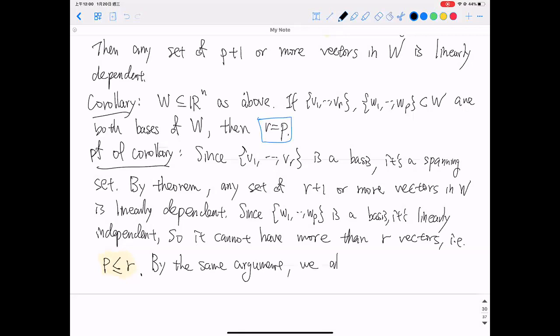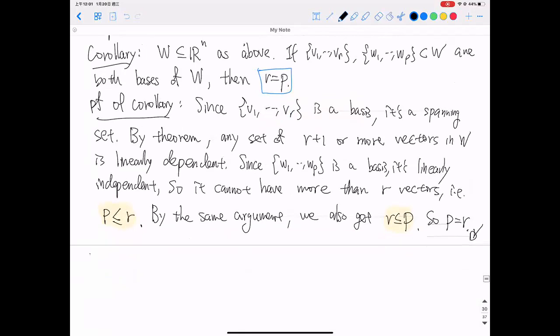We also get R less than or equal to P. And you have two numbers, one is less than the other and vice versa. So R is equal to P. And that's what we want.